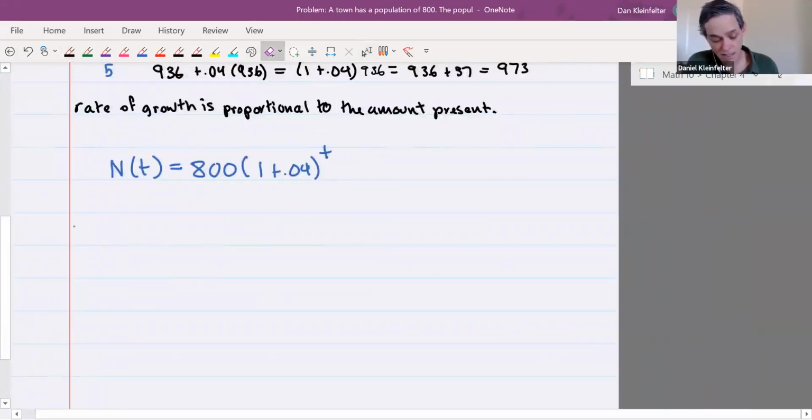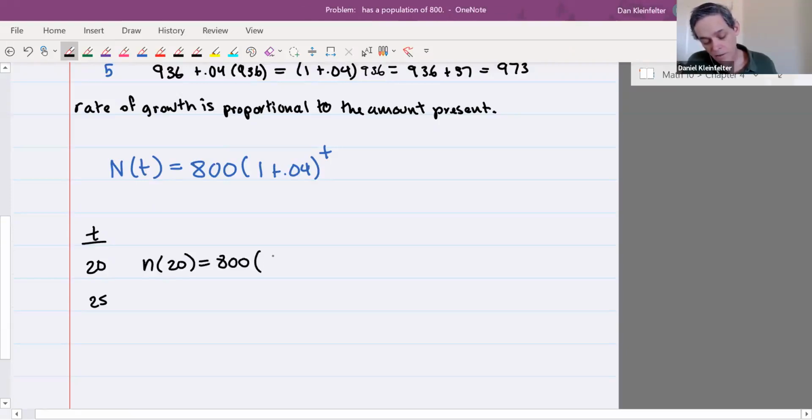So we can make t be 20 years or 25 years. For 20 years, that will be N of 20, which is 800 times 1.04 raised to the 20th power. We'll get a value here in a minute. And then for 25, it's similar, only of course we'll be using 25 instead of 20 for the time.